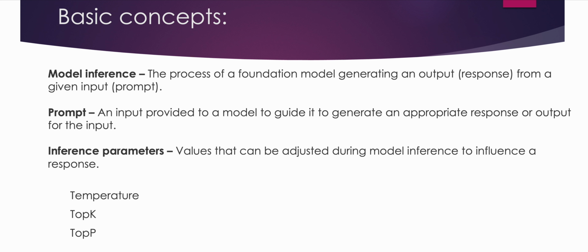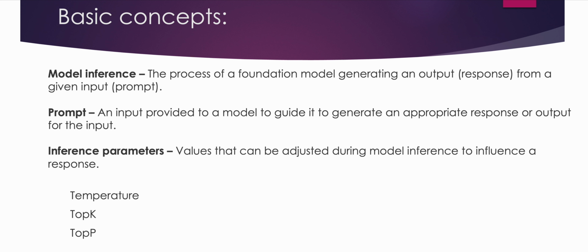So what is top K? Top K is the number of most likely candidates that the model considers for the next token. And you have to choose a lower value to decrease the size of that pool and limit the options to more likely outputs.